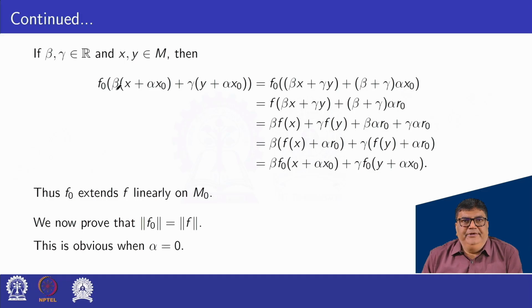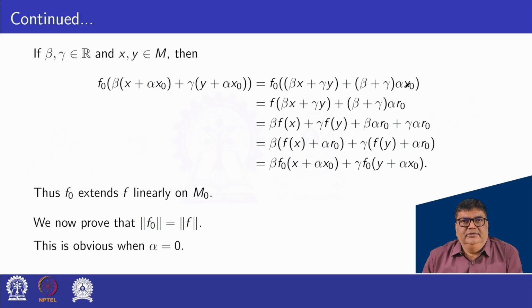So this can be written as f0 of beta x plus beta alpha x0 plus gamma y plus gamma alpha x0.